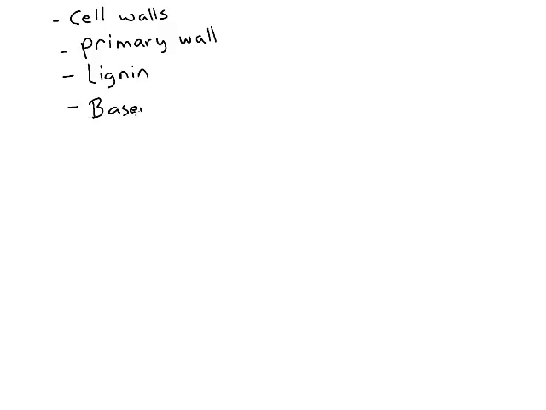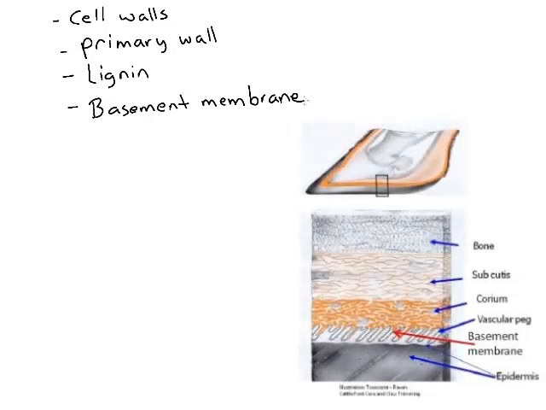Now, this is not a cell membrane because it is not composed of a lipid bilayer, but rather it is a sheet of fibrous material that structurally supports and organizes cells into tissues. Now, these structures can be soft, pliable structures, or they can be quite hard, such as with bone.